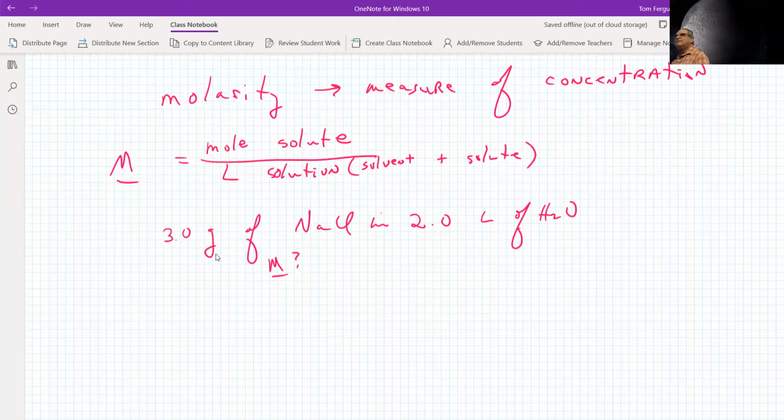So what is the molarity if we have 3.0 grams of sodium chloride and 2.0 liters of water?